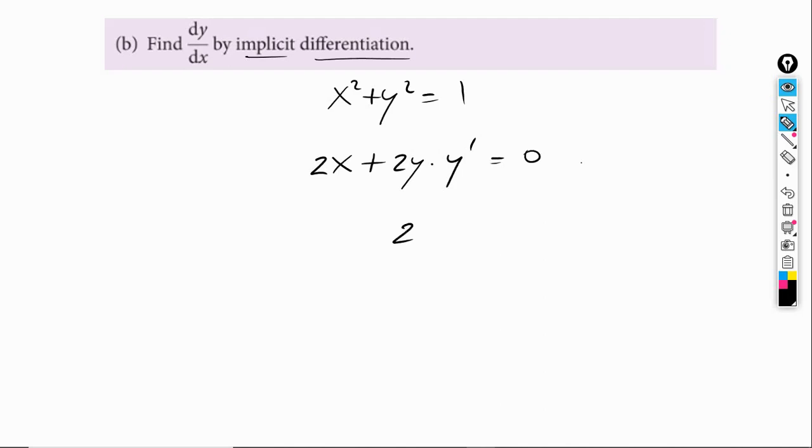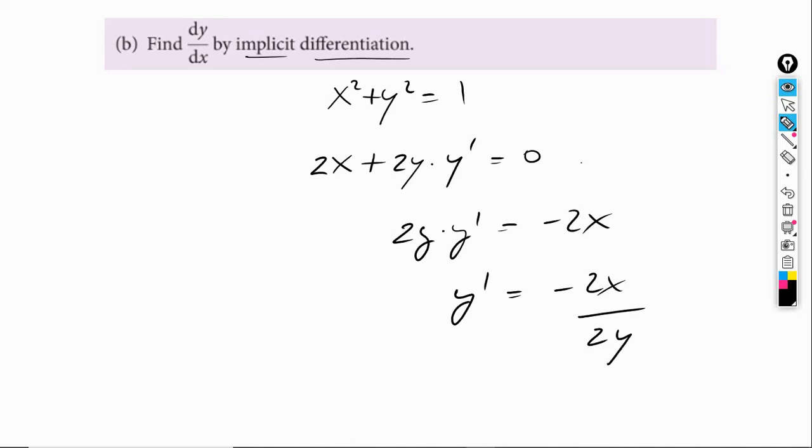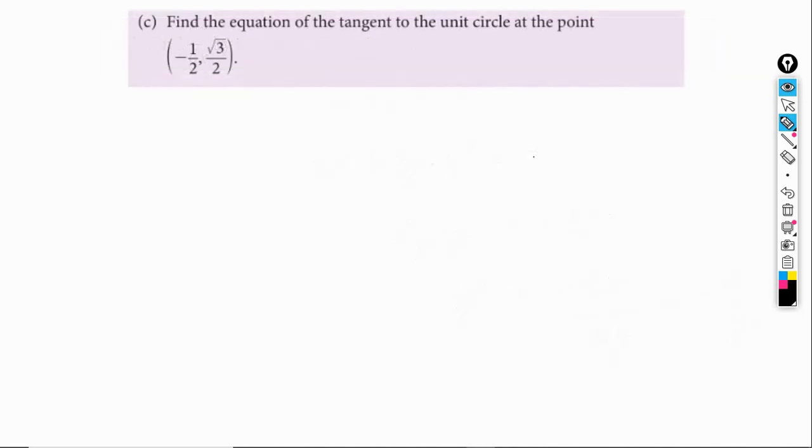Let's rearrange. So we get 2y times derivative of y is equal to minus 2x. So the derivative would be minus 2x over 2y, and this will be minus x over y, which is the same expression again.